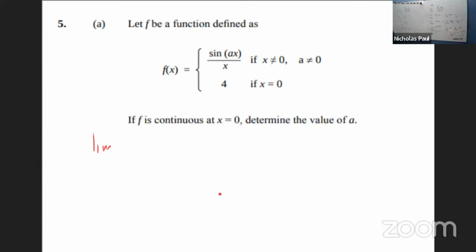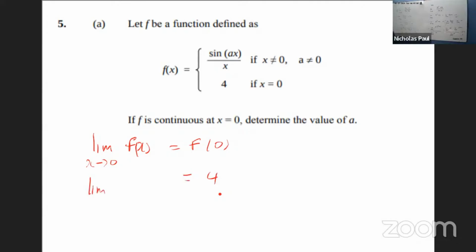The limit must be equal to the function value. So the limit of f of x as x approaches 0 should be equal to f of 0. So in this question, what is f of 0? Very good. f of x equal to 4 is defined when x equals 0, and the answer is 4.